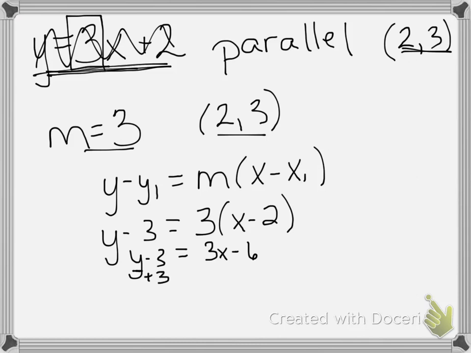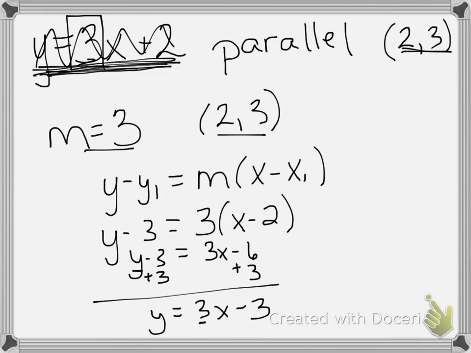So to get rid of the minus 3, I add 3 to its like term on the other side. Y equals 3x minus 3. Notice the slopes are the same because they're parallel, but they have different y-intercepts, so they're not overlapping each other. So the equation of the line that's parallel to this line is y equals 3x minus 3.